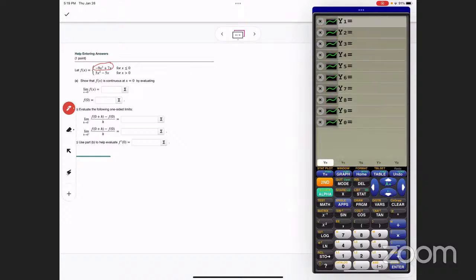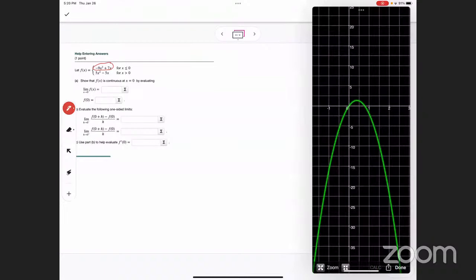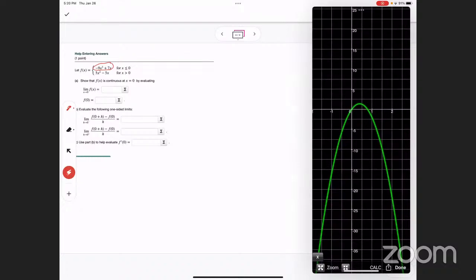So if I type in this equation, negative 9x squared plus 7x, and I look at the graph, that's what that graph looks like, right? But it's only doing that when x is less than or equal to 0. So it's really only from here to the left, right?